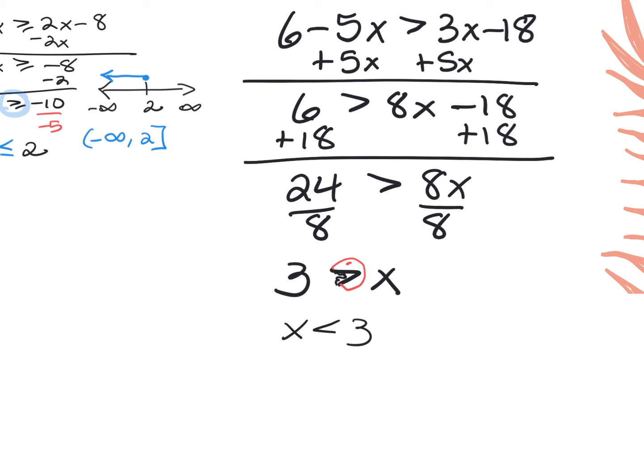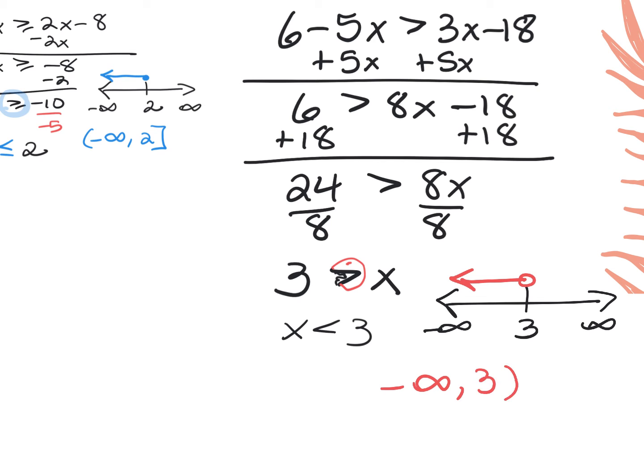And then again, I can graph it. Negative infinity, positive infinity with the 3 in the middle. Again, I'm going to have an open circle, and it's less than, so pointing to the left. And then in interval notation, negative infinity to the 3 with parentheses around both.